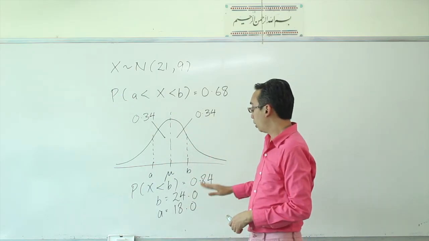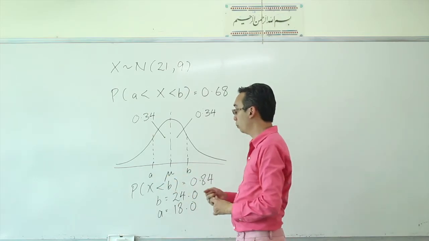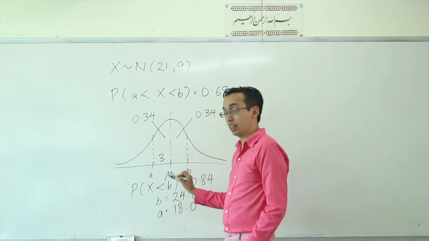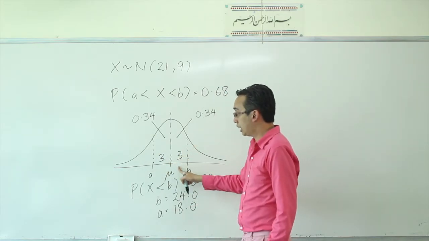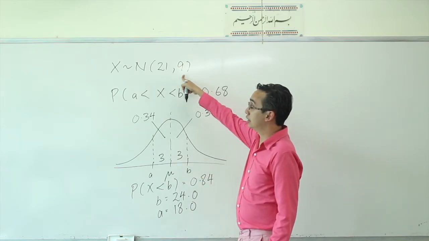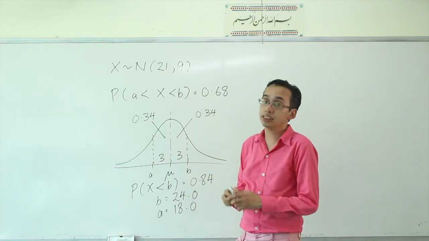Now our b is 24, our a is 18. So we are 3 units away backwards and 3 units away forward. But 3 happens to be, this is variance 9, but the standard deviation is 3. So 3 happens to be our standard deviation.